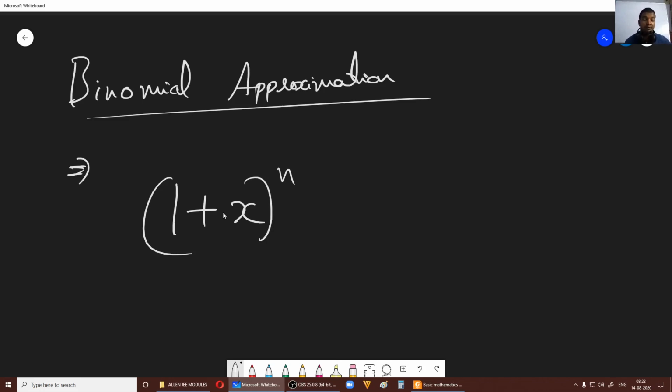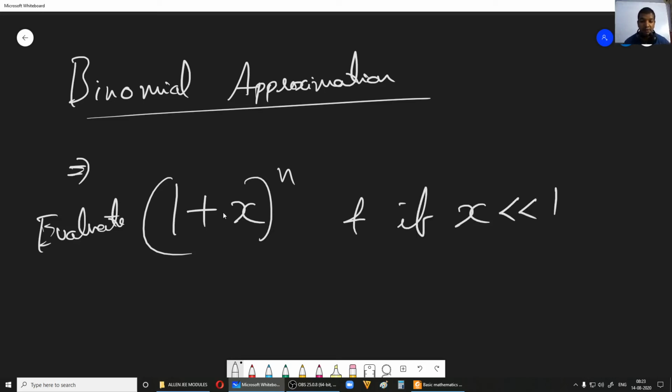You will encounter situations where you have to evaluate an expression which looks like this: (1 plus x) whole power n, and x is much less than 1.